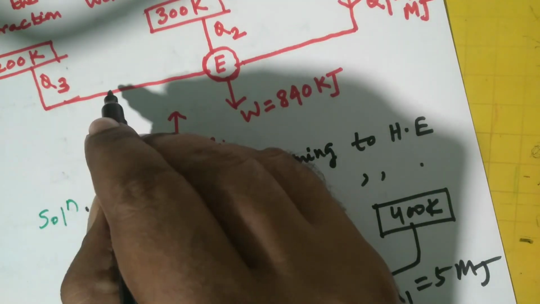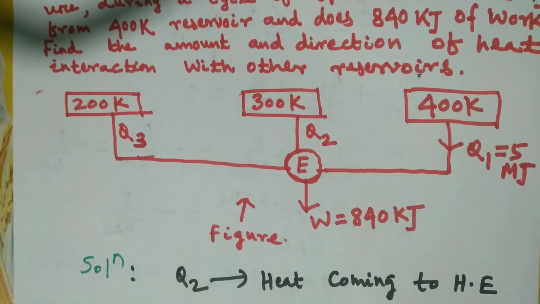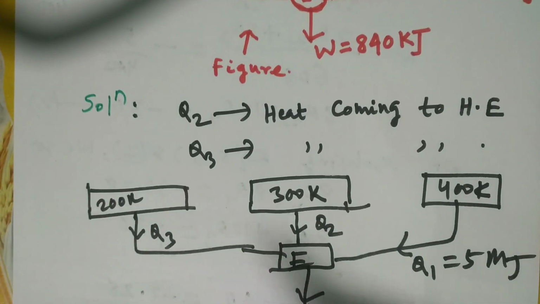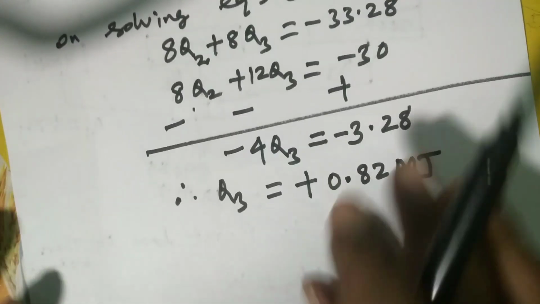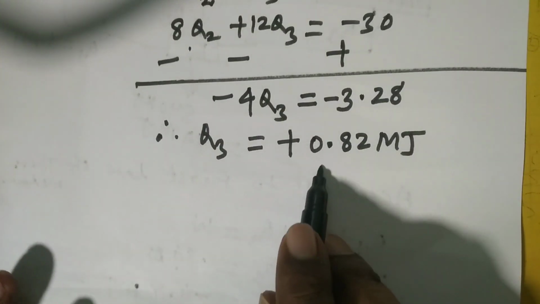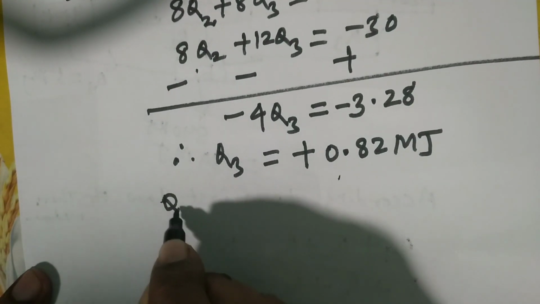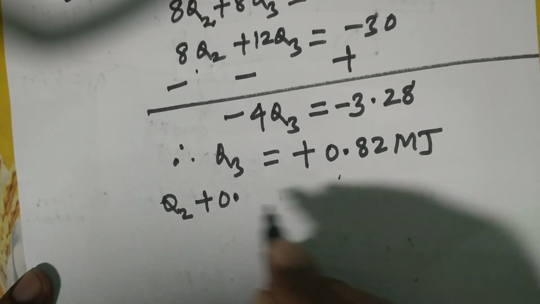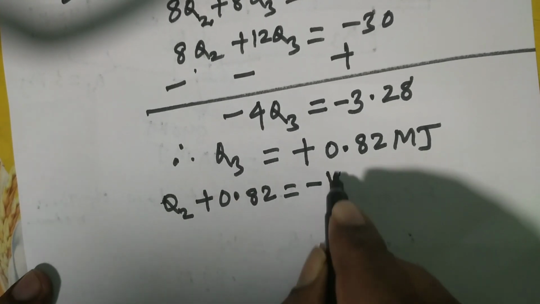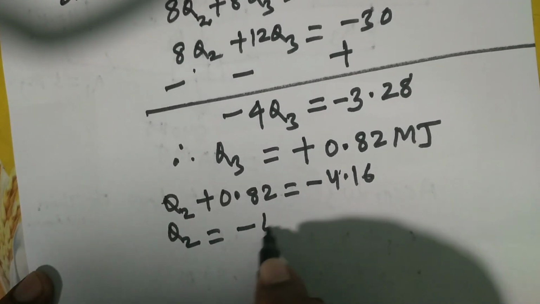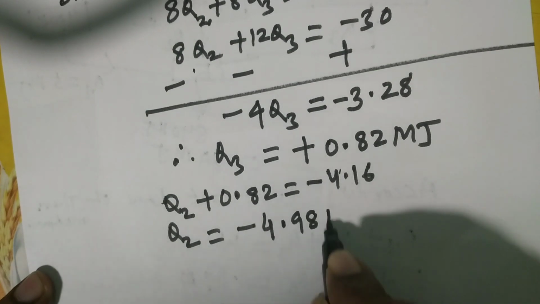So definitely Q3 is coming into this heat engine. We had assumed that Q3 is coming to the heat engine from the reservoir. So Q3 is coming to the heat engine. There is no problem in it. Now we'll check whether Q2 is coming out positive or not. By substituting the value of Q3 in either of the two equations, we get Q2 plus 0.82 equal to minus 4.16, from which Q2 is equal to minus 4.98 megajoule.